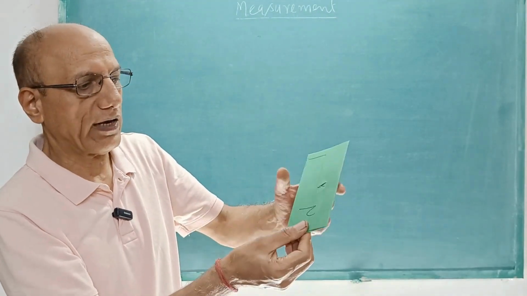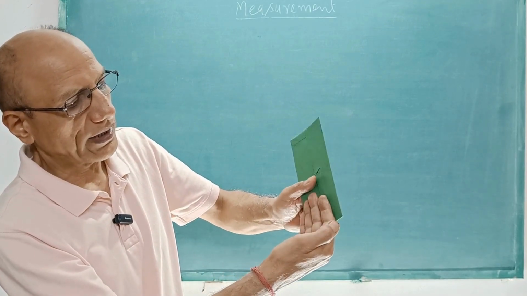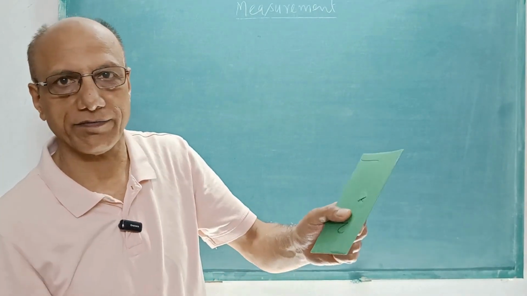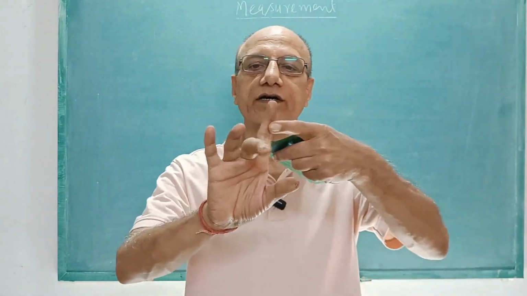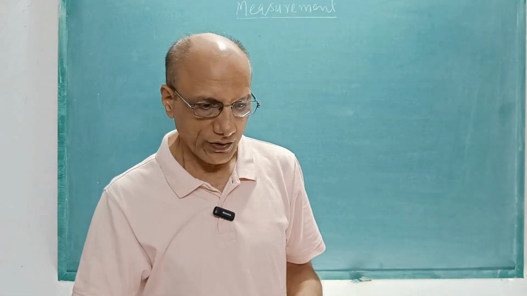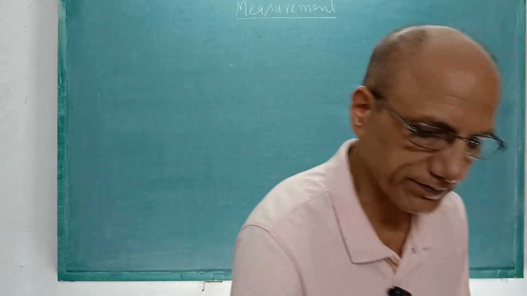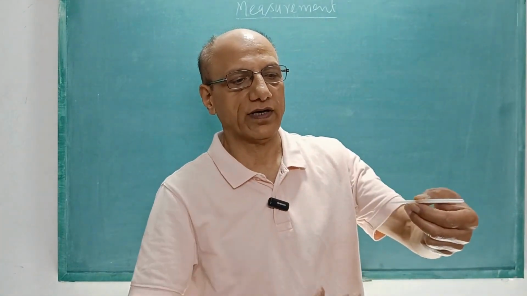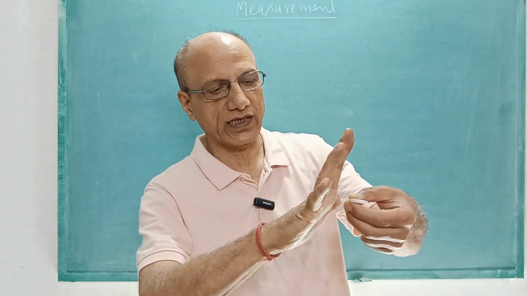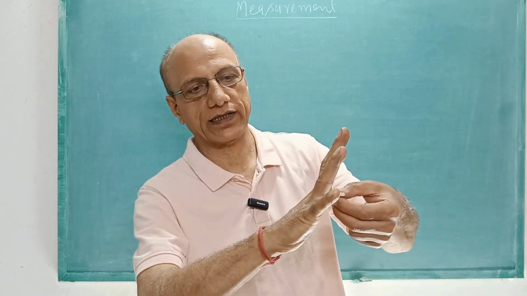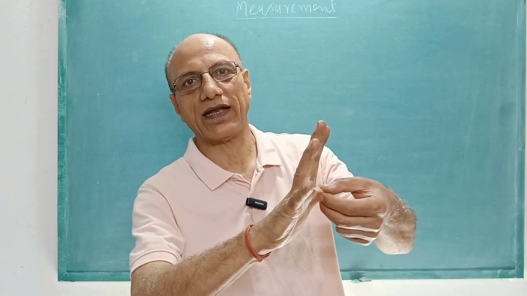We can even compare it with our hand: how much it is, like this, 1, then 2, and something, this span of the hand. So 2 plus 1 span. Likewise we have compared.